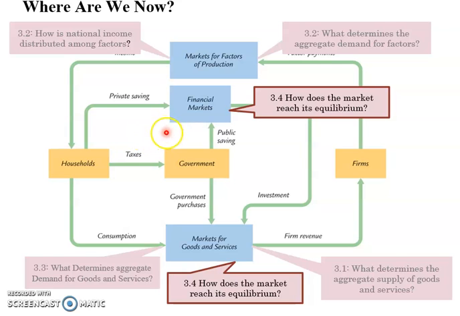And a similar thing could happen with the government if taxes exceed spending or purchases. Taxes are the revenue of the government, right? And if the revenue exceeds the spending, then there's public saving, okay? They would also like to put that into the financial markets, so it will generate more revenue for the future, right? And so these are the two components on the supply side of the financial market.